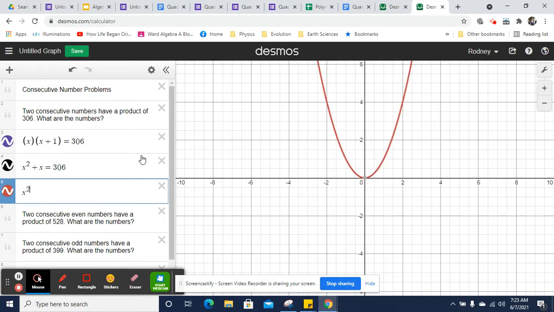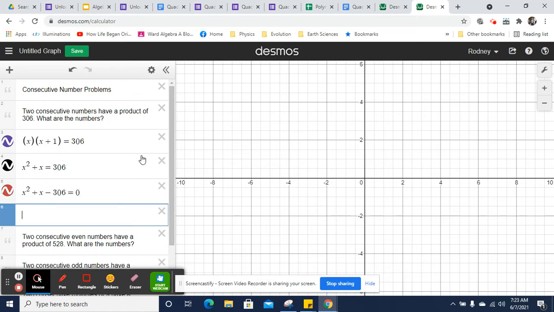So x squared plus x minus 306 equals 0 now. At this point, if I could figure out what the factors are, I would simply factor this out and I'd know what my 2 numbers are. But I'm going to go ahead and use the quadratic formula for this.